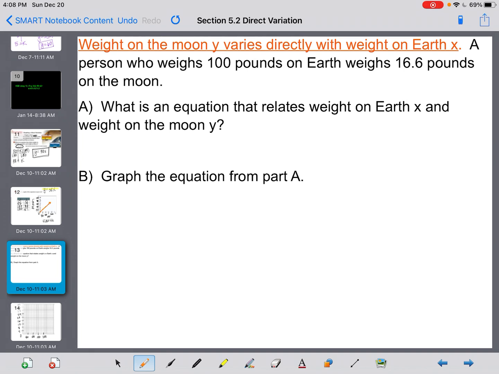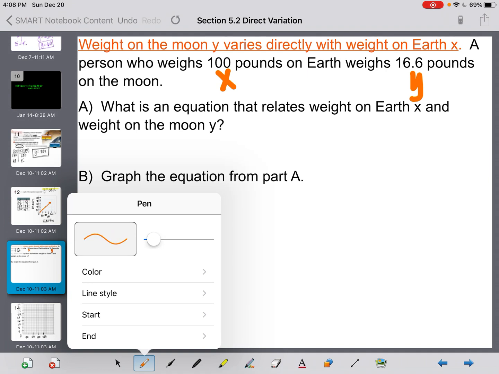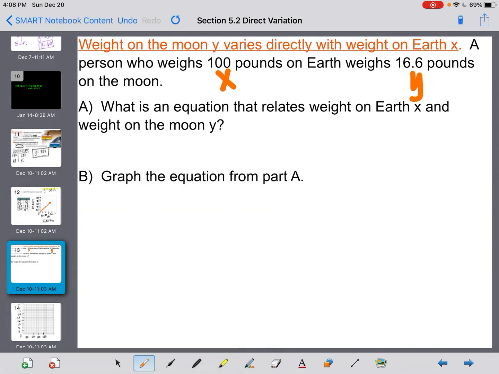Weight on the moon, which is your y, varies directly with the weight on Earth, which is your x. What is an equation that relates them? Okay, so we have y equals kx, but I happen to know that 16.6 is my y, and 100 is my x.